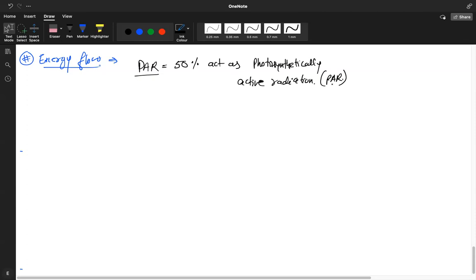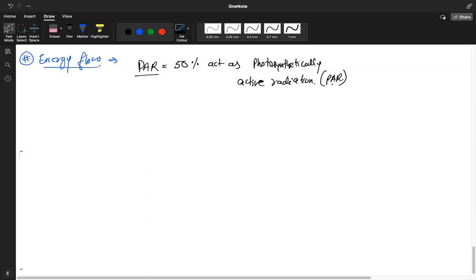Because too much intense light will start breaking down the photosynthetic center, the chlorophyll center in the mesophyll cells. Okay, because it's a protein. So there is a range in which different chlorophylls, chlorophyll A and chlorophyll B, and also xanthophylls, absorb.